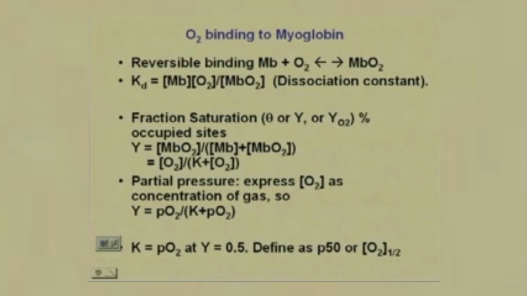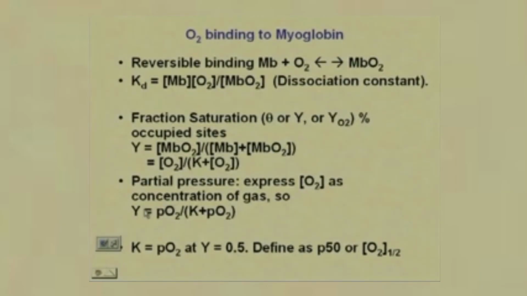Okay, so what do we have? We can get the partial pressure PO2 in terms of Y when you know what the K is and you know what the PO2 is. At 50% saturation, what do you have? This is just like the hyperbolic curve that I showed you for protein ligand binding in the beginning, where Y is equal to X divided by X plus K. So when you have this PO2, now we know what the partial pressure of oxygen is.